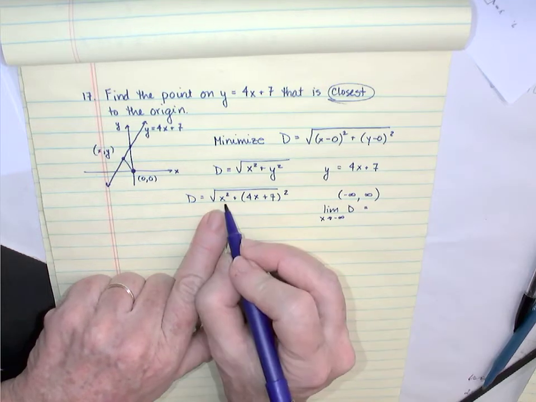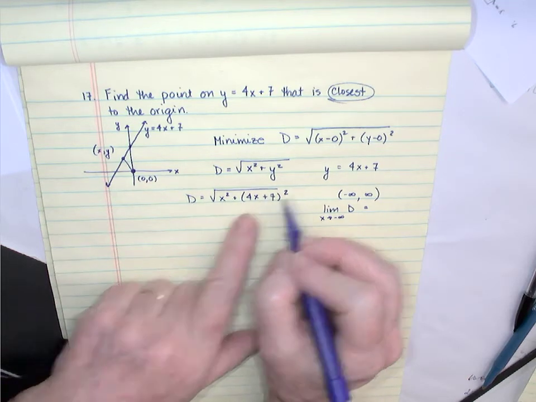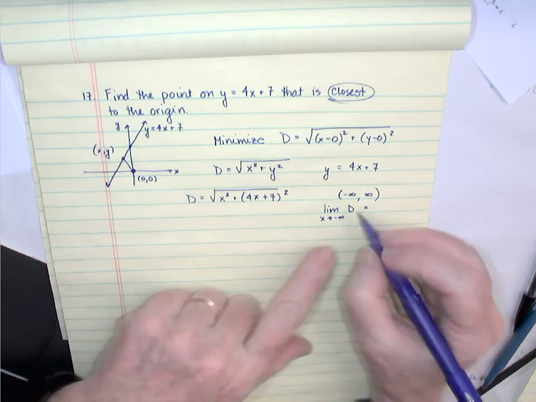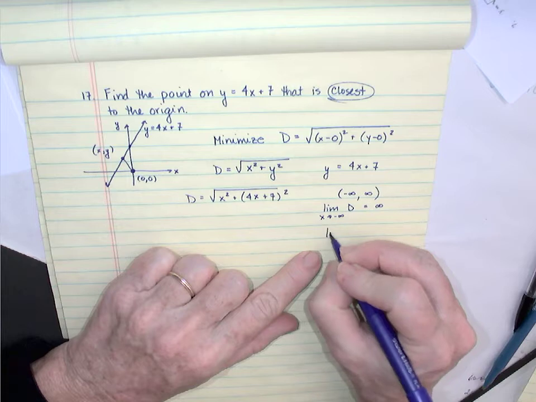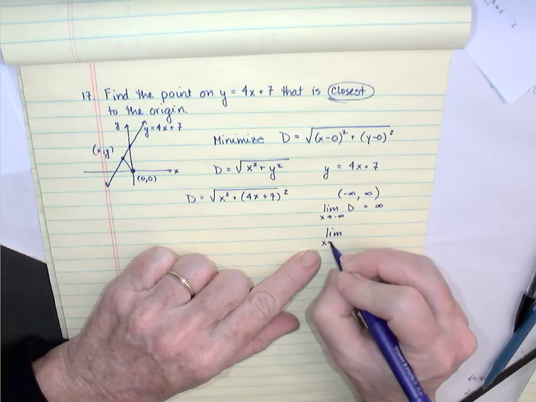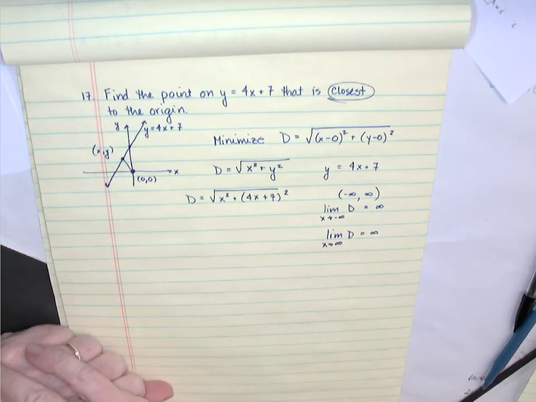If I plugged in negative infinity, squared it, multiplied by 4, added 7, and squared that, it would give me a very big number. It doesn't matter that I'm taking the square root, that's still infinity. The same thing is true as x approaches positive infinity. I'd get infinity as well.